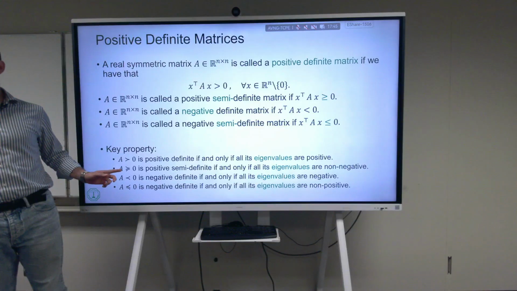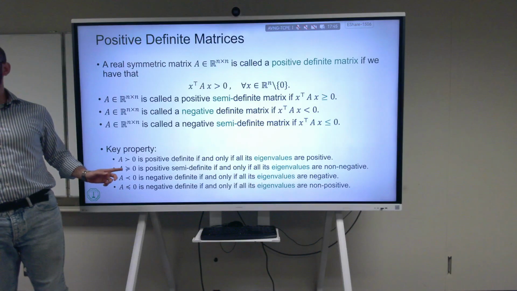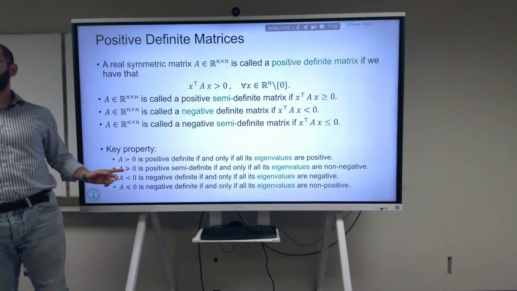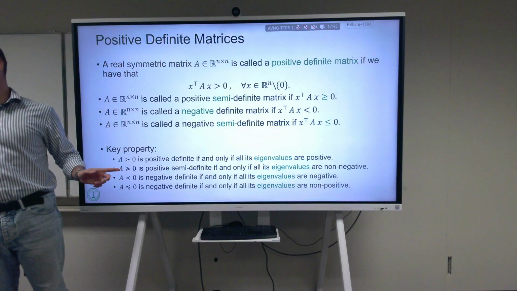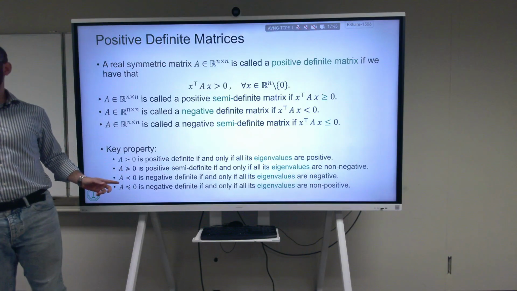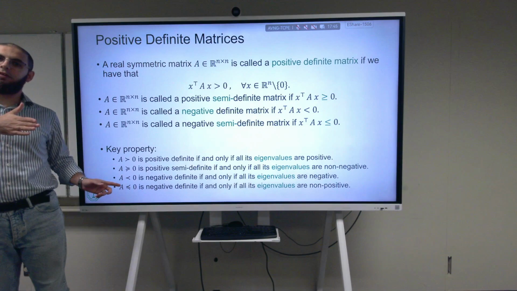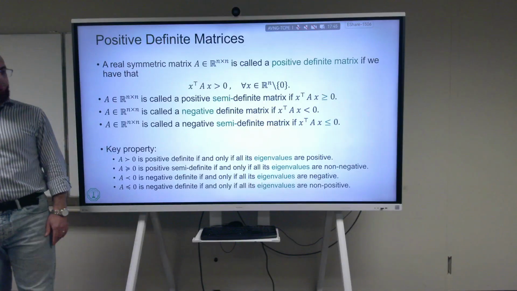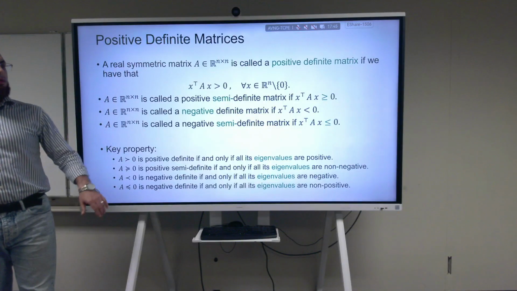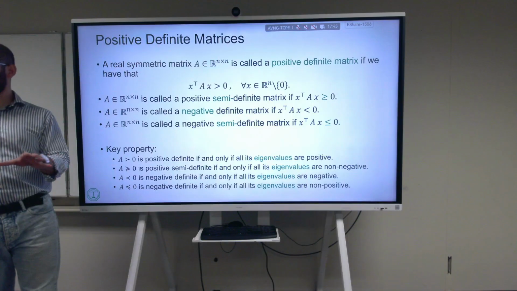Greater than or equal means the eigenvalues could be non-negative, so zeros or positive. Less than means only negative eigenvalues, and less than or equal means 0 or negative. Make sense?